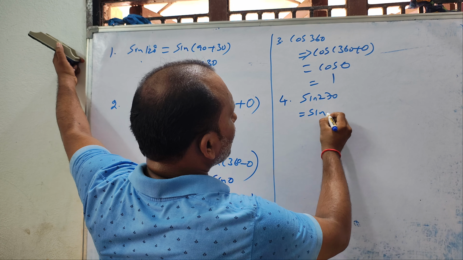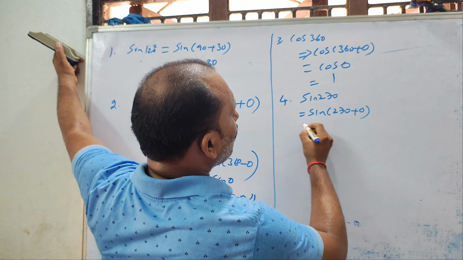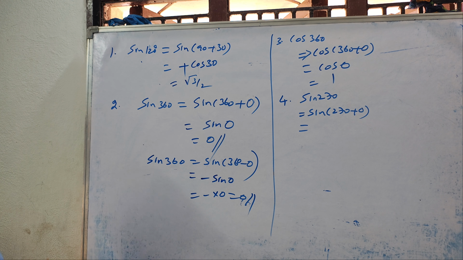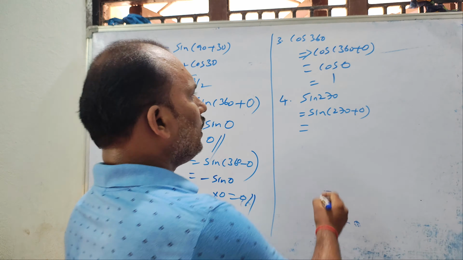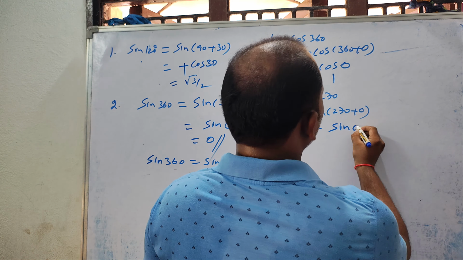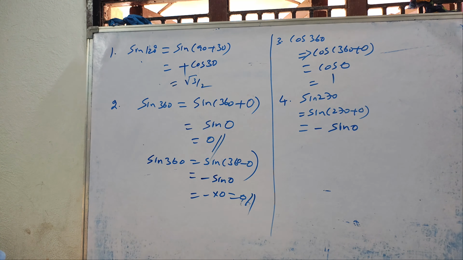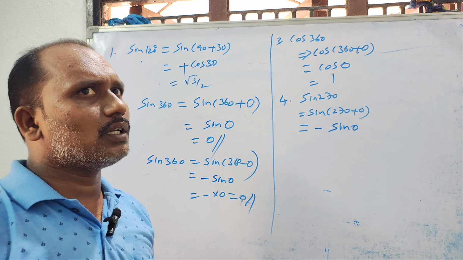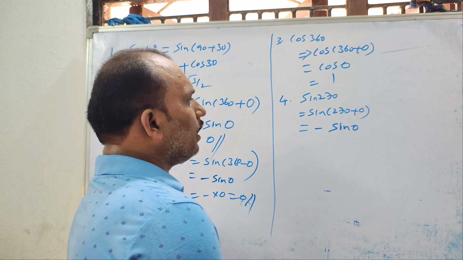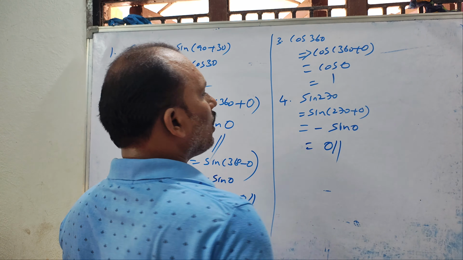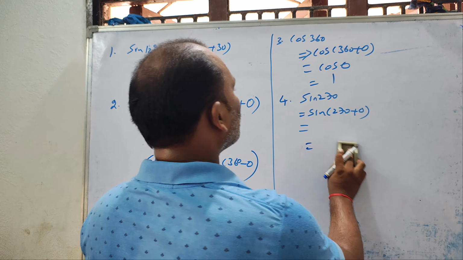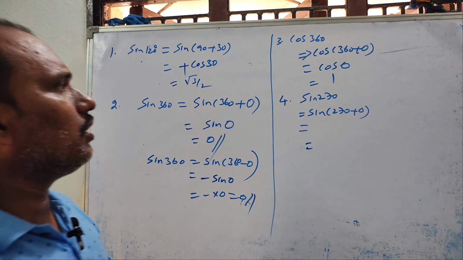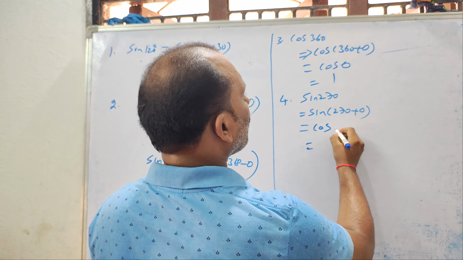Once again, sin 270. How can I write it? Sin(270 + 0). Which quadrant? Fourth quadrant. All silver teacups. So minus sin 0? Yes or no? Since 270 is there, you have to convert to cos.